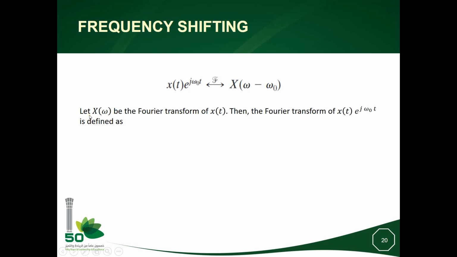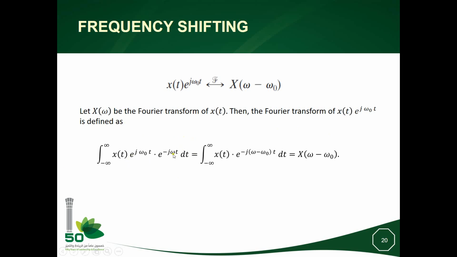So we start from the definition. Let X of omega be the Fourier transform of x(t). Then the Fourier transform of x(t) exponential j omega 0 t is defined as usual by this integral formula.